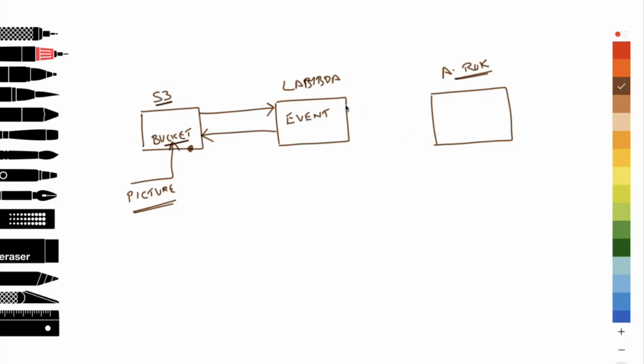So there will be APIs. We will integrate the APIs. We will write our Lambda function in such a way that it can integrate with the APIs of AWS Rekognition. Then we will tell Lambda, whatever image you have taken, give it to AWS Rekognition. And then AWS Rekognition will do, let's say, facial analysis. We use the facial analysis API.